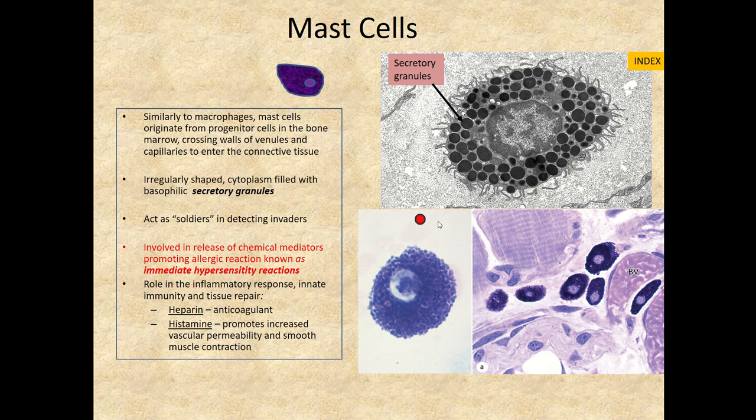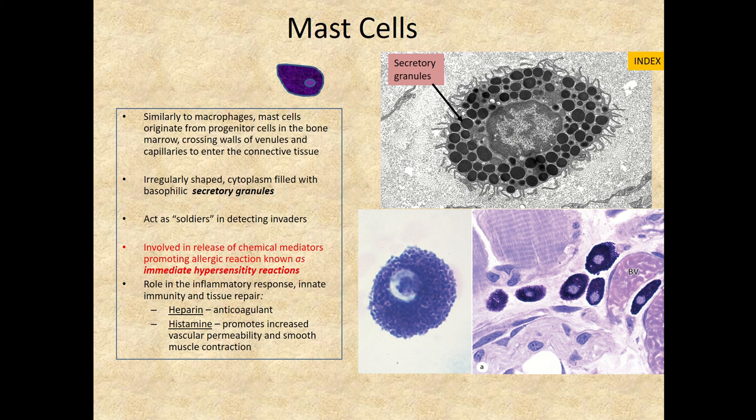And then another kind of cell is called a mast cell. So a mast cell is going to be responsible for inflammatory responses in the body. And when I think of mast cells, I think oftentimes of histamine. So it releases a lot of histamine to open up the vascular system.